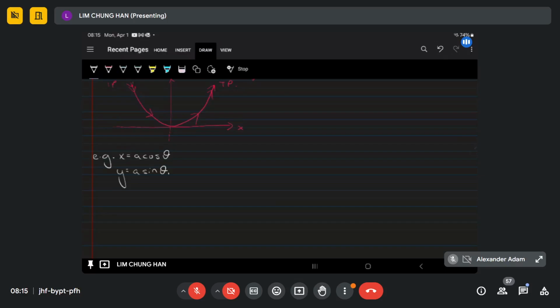In this example, the parameter is normally t, but in certain cases I can make the parameter something else. It doesn't necessarily have to be t. In this case, the parameter is theta.